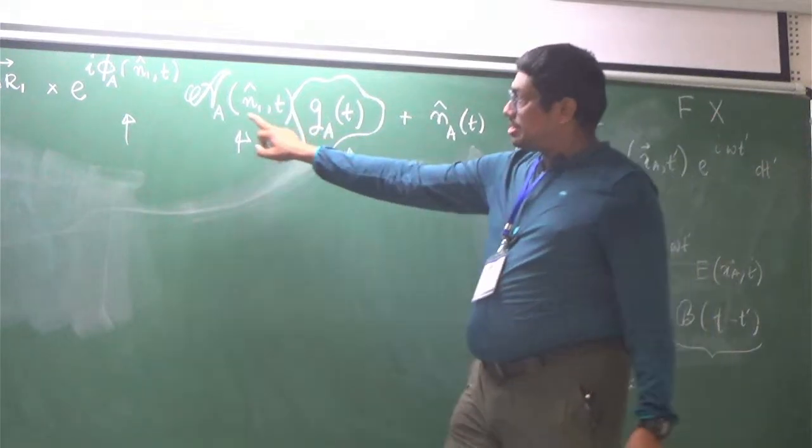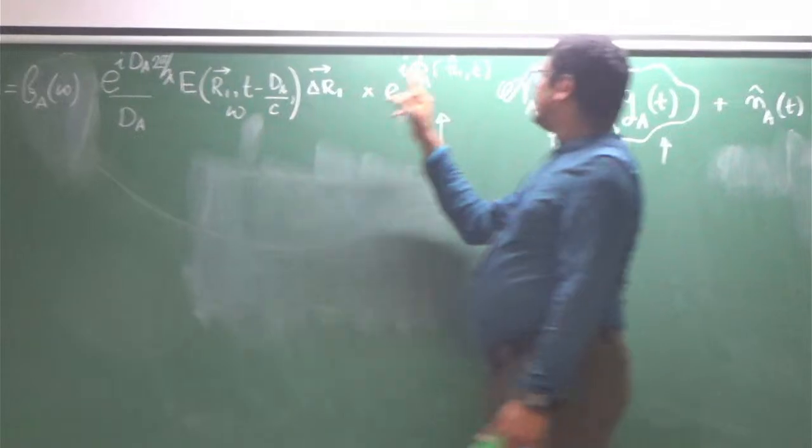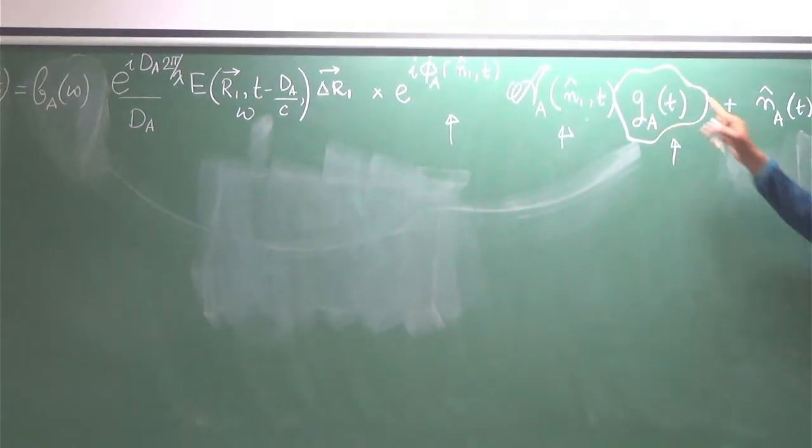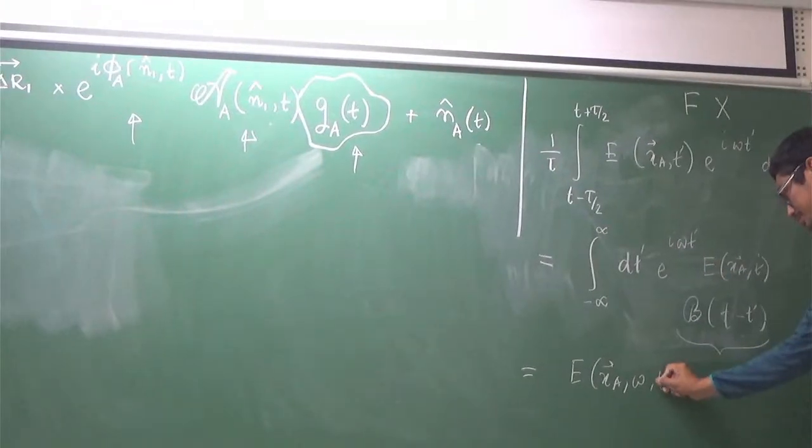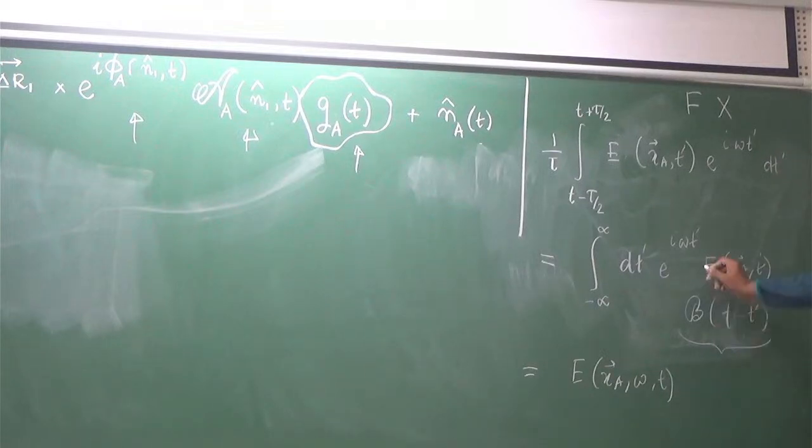This thing changes slowly with time, right? This and this. That slow time dependence will still remain. And then this is a convolution relation. In the Fourier domain, it will be a multiplication by VA, which is the Fourier transform of that, that I have now clubbed in there.